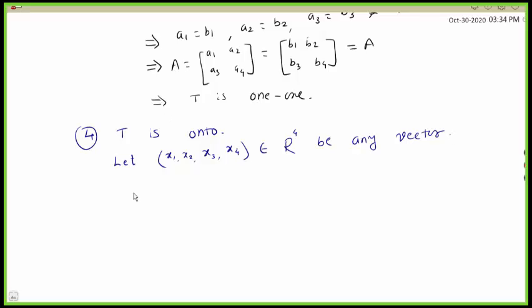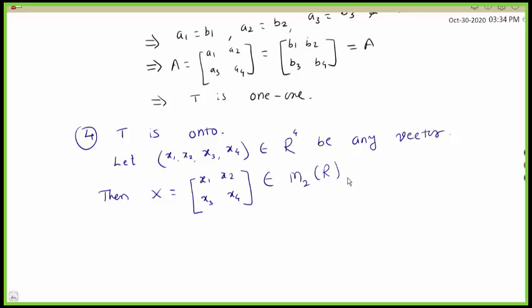Then the capital X equal to the matrix with entries x1, x2, x3, x4 belongs to M2R.